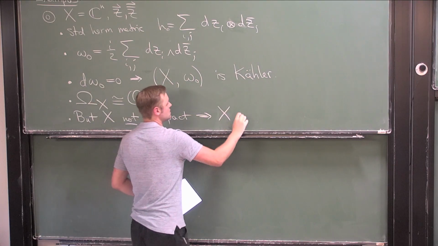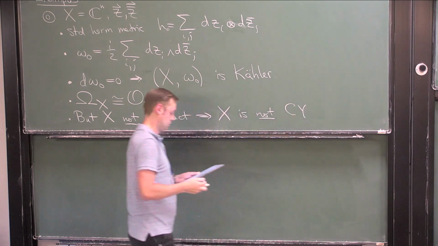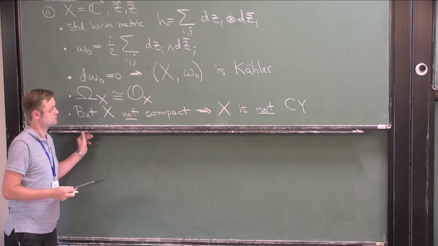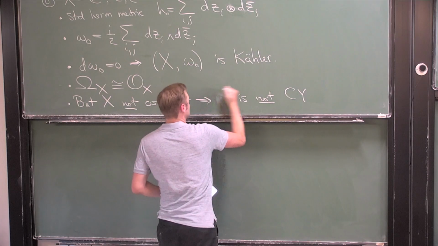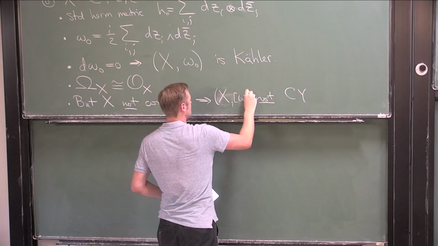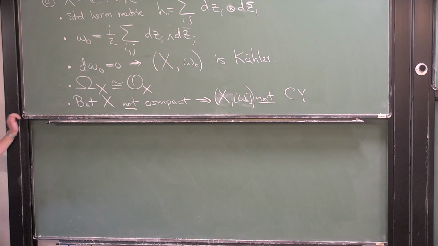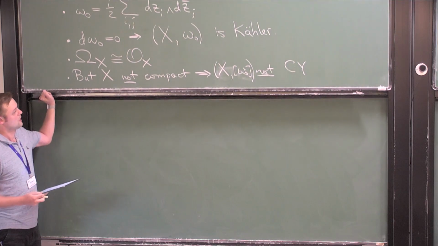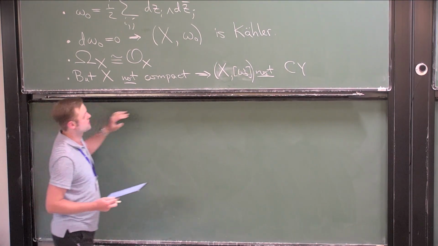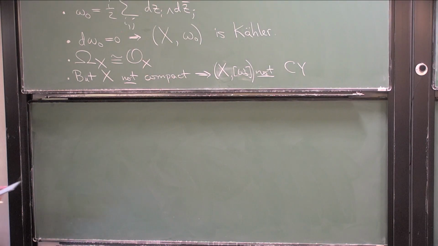So X is not a Calabi-Yau. Or maybe I should say X with the standard Kähler class is not Calabi-Yau. In this case, of course, the fault is not so much with the Kähler structure, it's the fact that X is not compact.